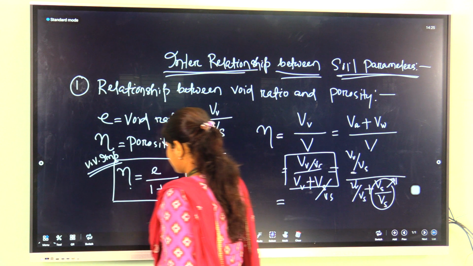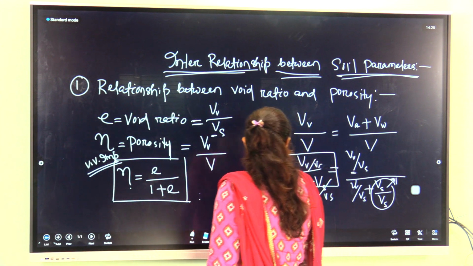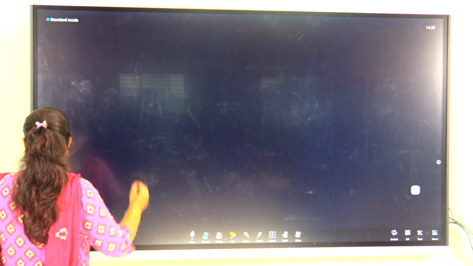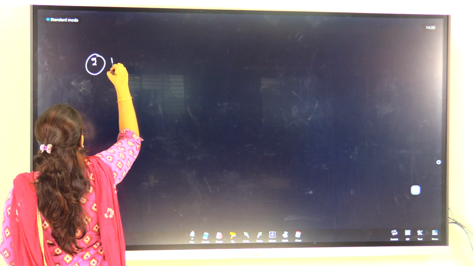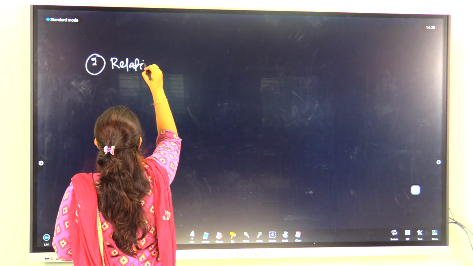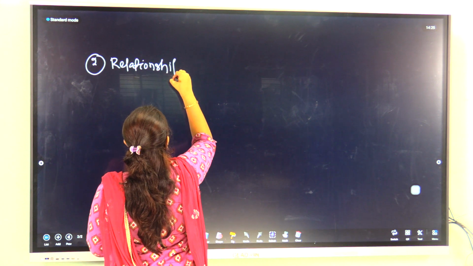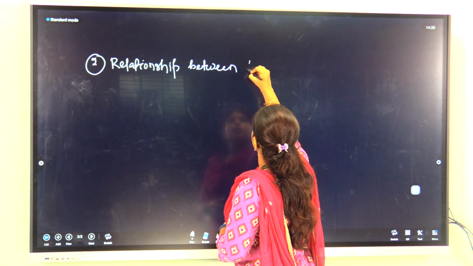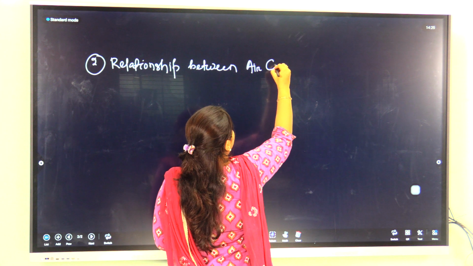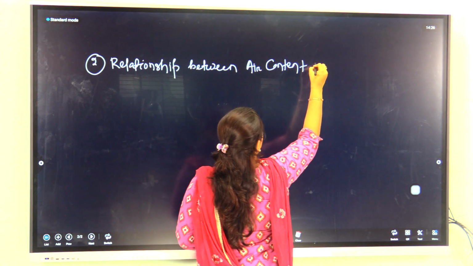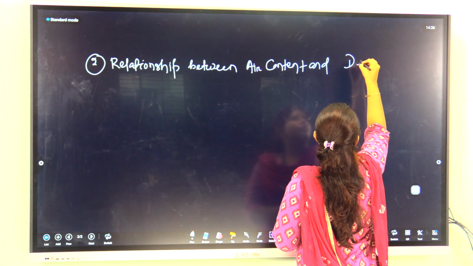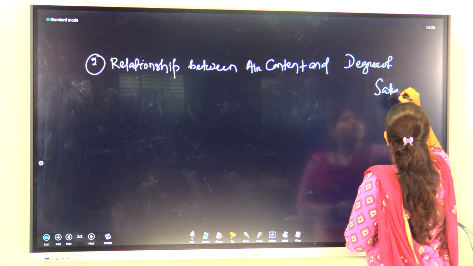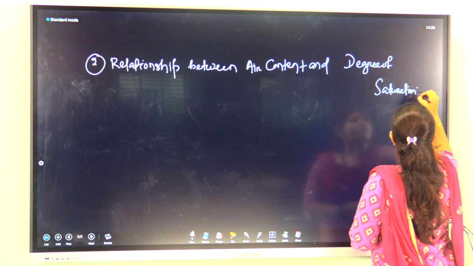Now, second, the calculation of or relation between air content and degree of saturation.